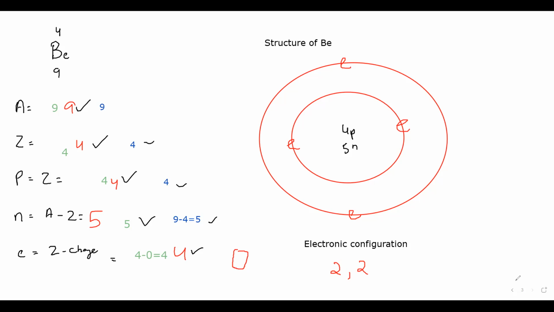Okay, moving on to another example. We have magnesium, which is 12 and 24. I want everyone to use the screen annotation to complete this: A, Z. Those who are not able to use the screen annotation can use the chat to state the answer.